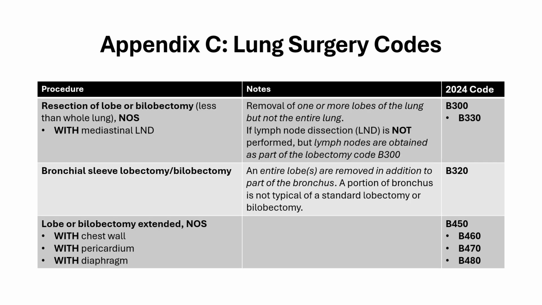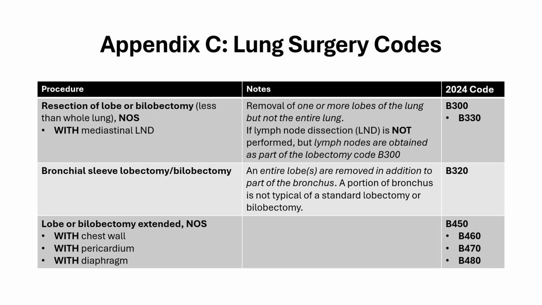Continuing with lung surgery codes, we now have the B300s. This is a resection of a lobe or bilobectomy, but this is less than a whole lung. This is where we are removing one or more lobes of the lung, but not the entire lung. Now, if a mediastinal lymph node dissection is performed, use code B330.